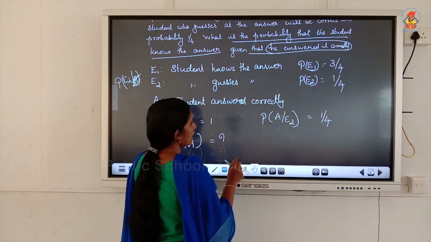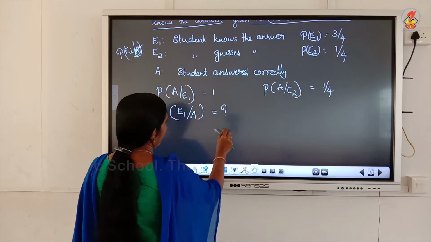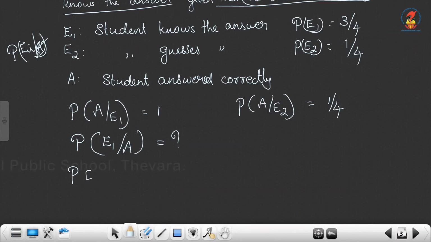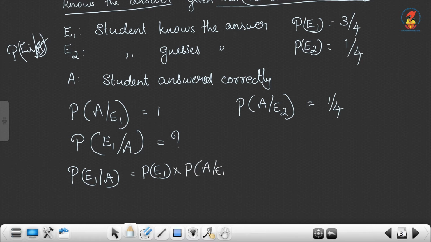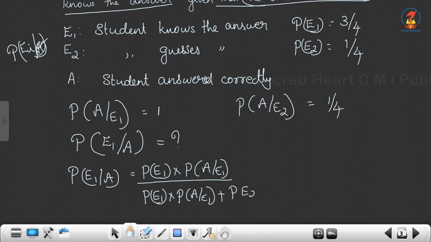Now write the formula. P of E1 given A is equal to P of E1 into P of A given E1 by P of E1 into P of A given E1 plus P of E2 into P of A given E2.